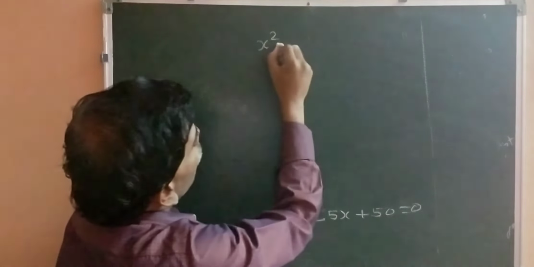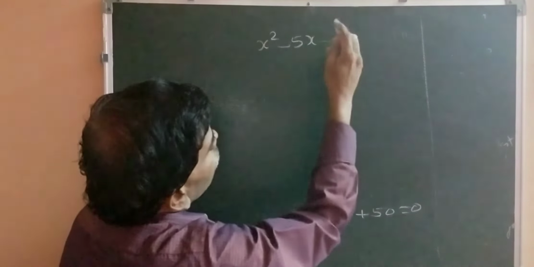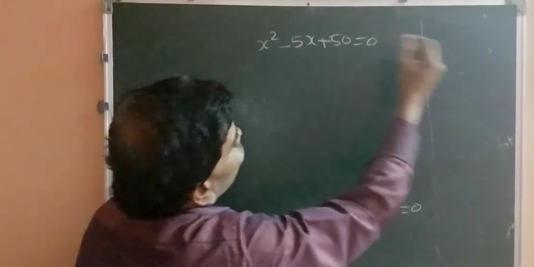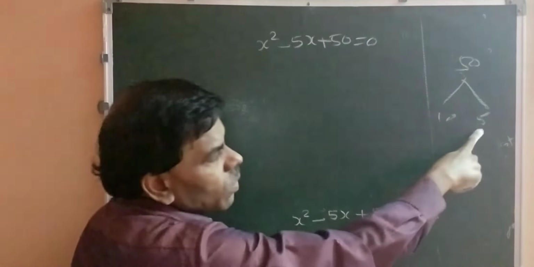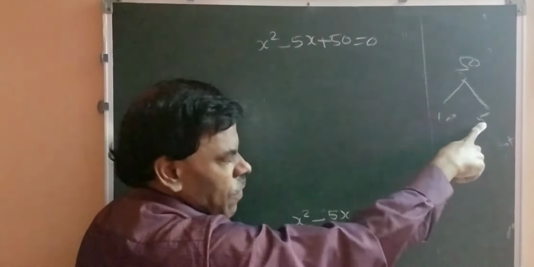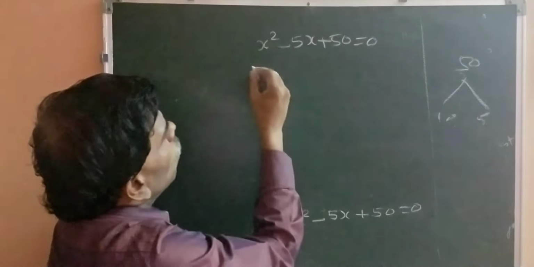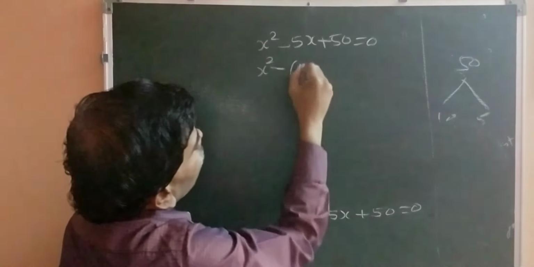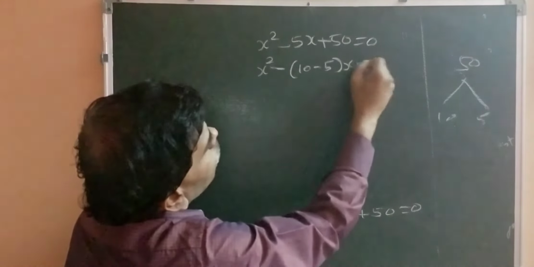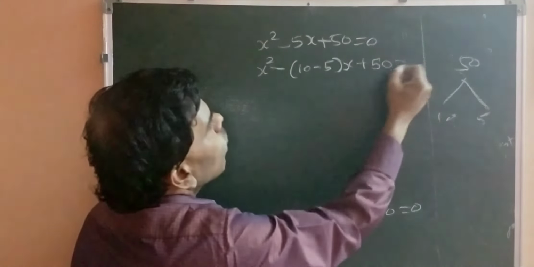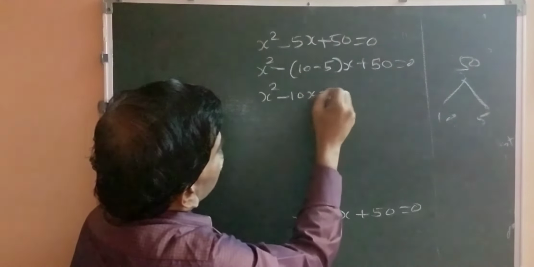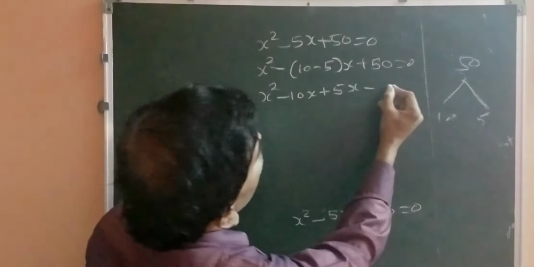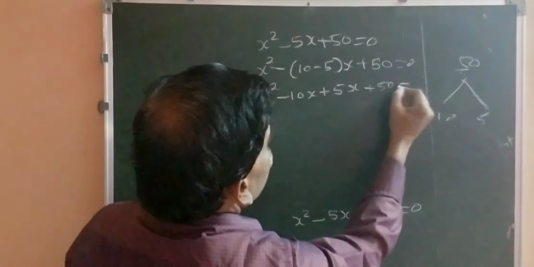See, you write here x square minus 5x minus 50 equal to 0. 50 factors into 10 and 5. If you multiply you get 50, if you add you will get 15, if you subtract you will get 5. So x square minus 10x plus 5x minus 50 is equal to 0.